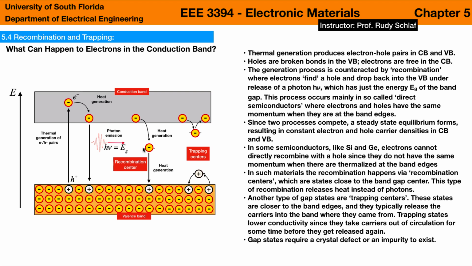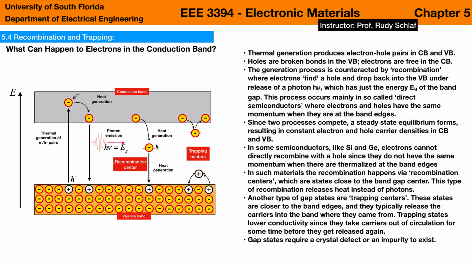And these recombination centers are impurities that are in the material or defects that create states in the band gap, and that enables electrons to jump on these states, and then from these states they go on into the valence band. And this usually happens under heat generation. So there are no photons generated, but the material gets a little bit warmer.